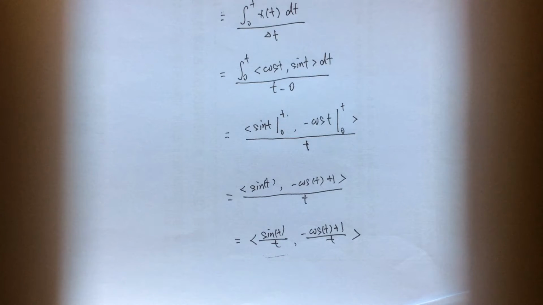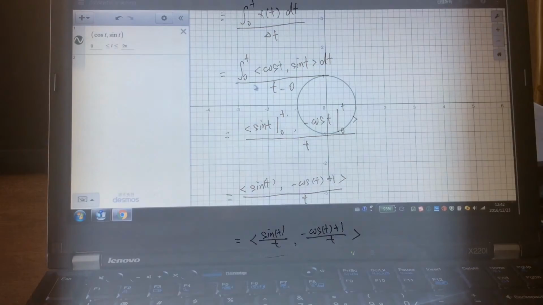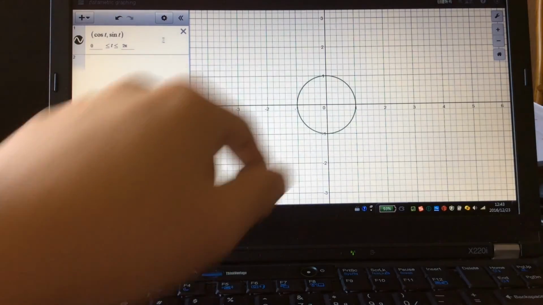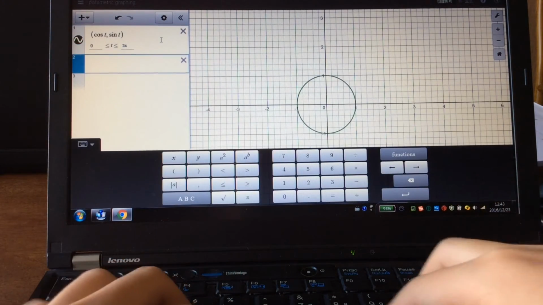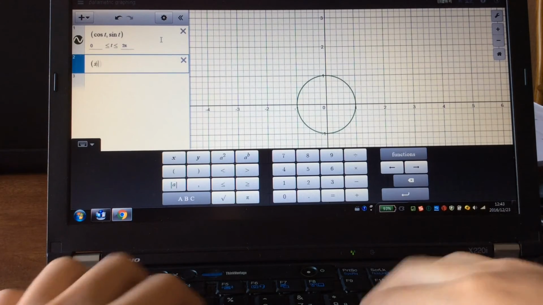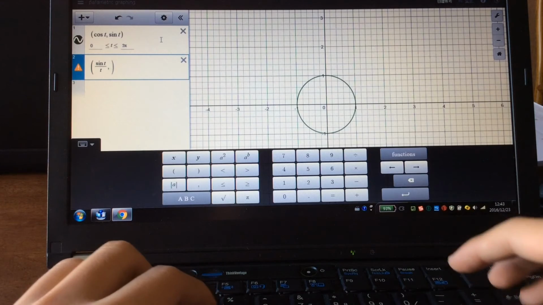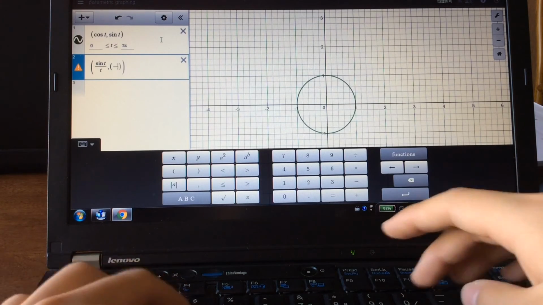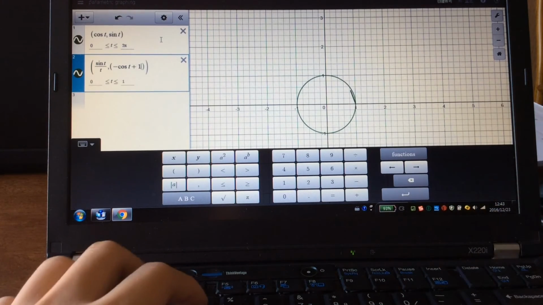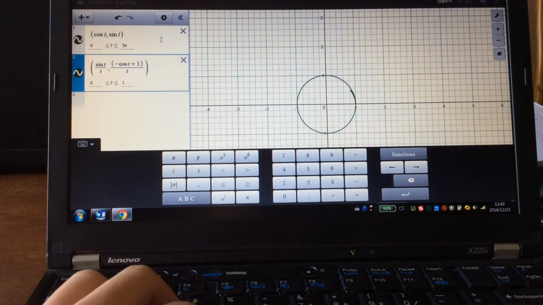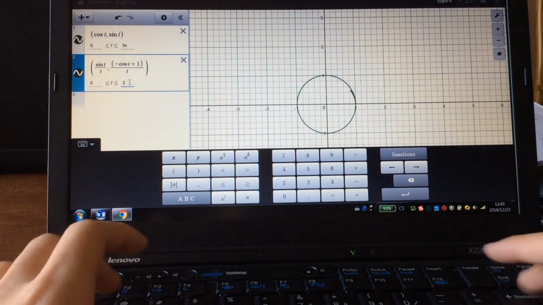Now let's put this function into a graphing calculator to see if it is right. This is the original function. It is a circle. Now we enter our new function, sine t over t, comma, negative cosine t plus 1 over t, from 0 to 2 pi.